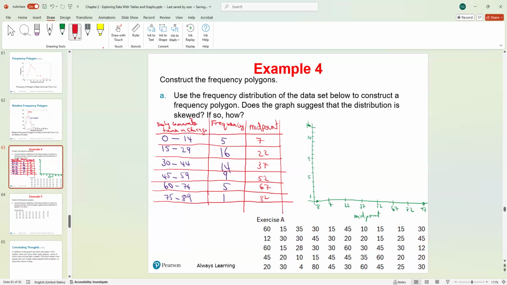As I said, we can start on the axis at the lowest point. The next point is 7, which corresponds to 5. 22 is 16. So for us, we need to connect the dots. 16 is here. You have another dot. So we're gonna go up here to that dot. And now 37 is 14.